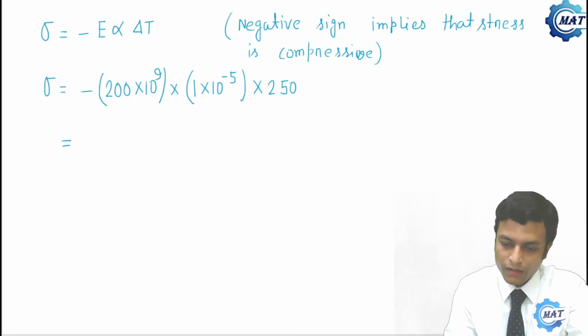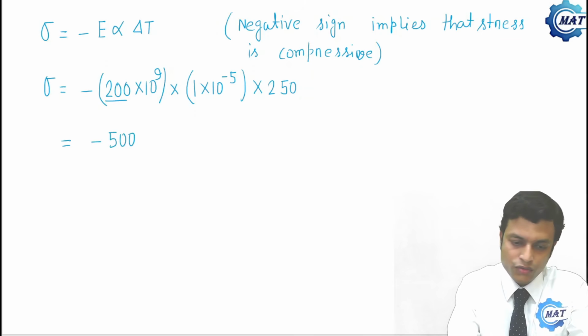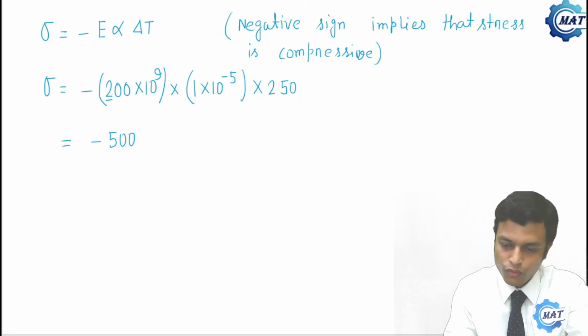Now 2 into 250 is 500. Sorry, this 2 into 250 is 500. Now that becomes, there are two zeros, and 9, 10 to the power plus 11 minus 5 is 10 to the power plus 6.